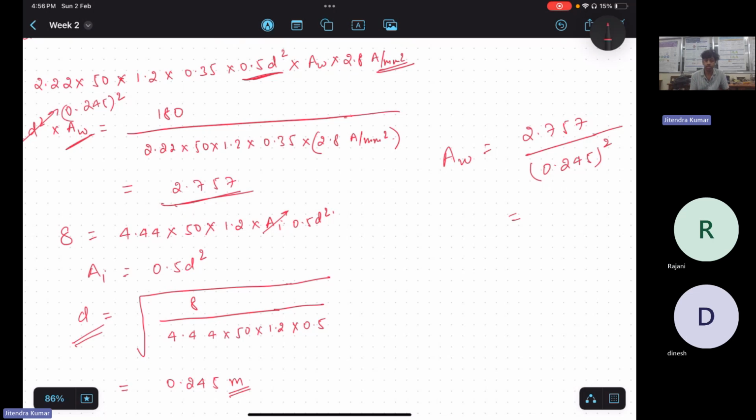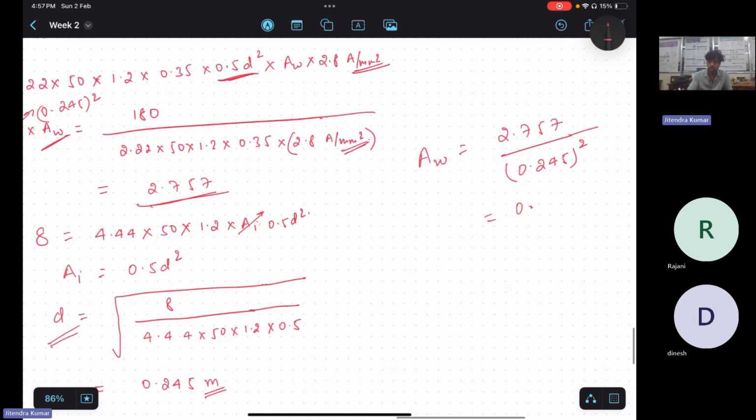How much will be this area? 45.93 into 10 to the power minus 3, because one term we haven't considered, this mm square. If you calculate the window area exactly, you have to take care of units very carefully. So it will be 0.0459 meter square.